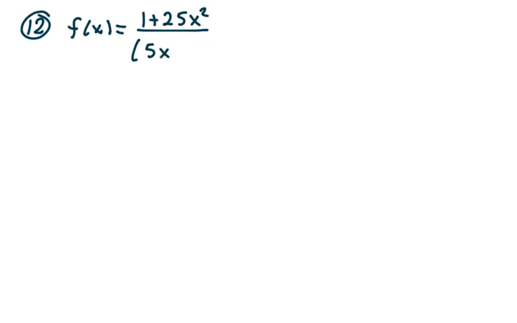Let's take a look at problem 12. On problem 12, we had f of x equals 1 plus 25x squared divided by 5x raised to the second. But this is 1 plus 25x squared divided by 5 squared x squared. 5 squared is 25.